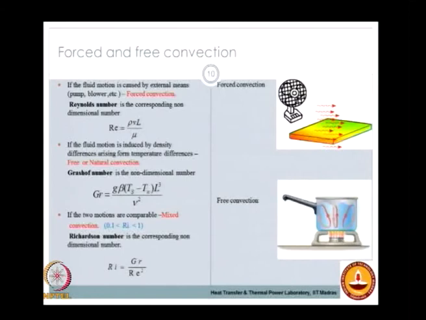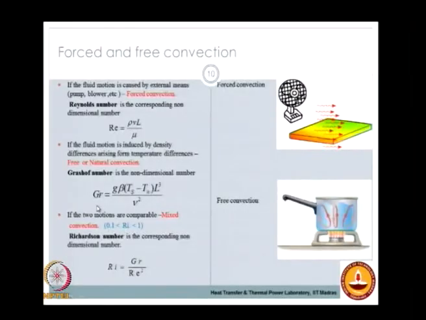Essentially, if you have a stationary medium and a temperature difference, the fluid near the higher temperature surface becomes lighter and rises, and the fluid near the cold surface becomes heavier relative to the hot fluid and moves down. Therefore a convection current is set up, and in this process you have a bulk motion of the fluid arising out of the temperature differences.